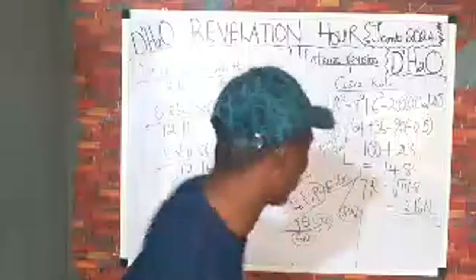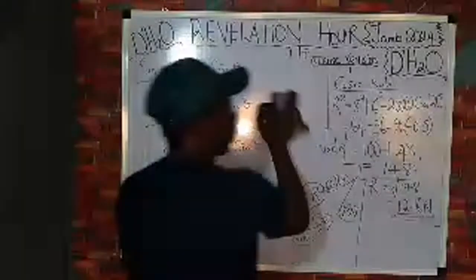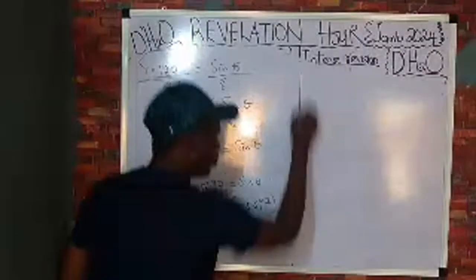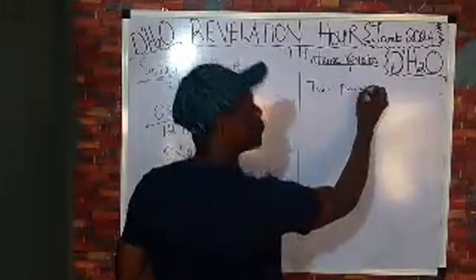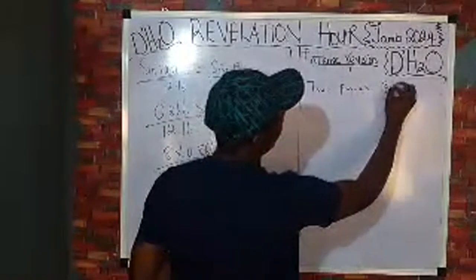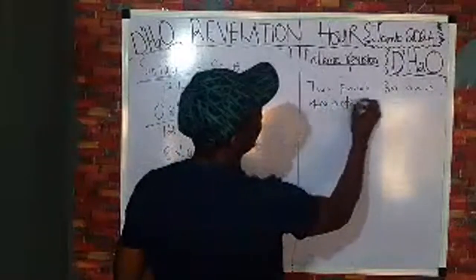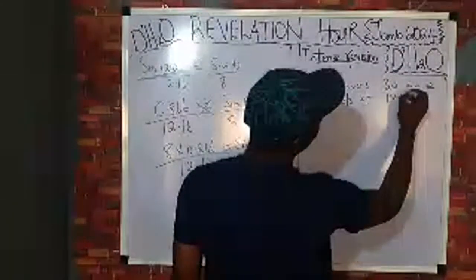Now I'll give you one classwork. Do this for me very fast. Send your answer to me in the comment section. Two forces, 3 Newton and 4 Newton, act at 120 degrees to each other.